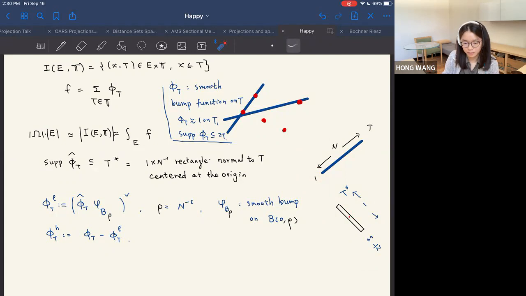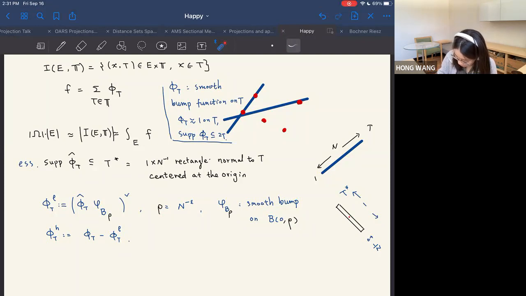And by basic Fourier analysis, we know that if phi_T is a smooth bump function on T, then the Fourier transform is essentially supported on T star, and decays very fast elsewhere. Then let's pick a small constant rho that's about n to the minus epsilon, where epsilon is an arbitrary small number.